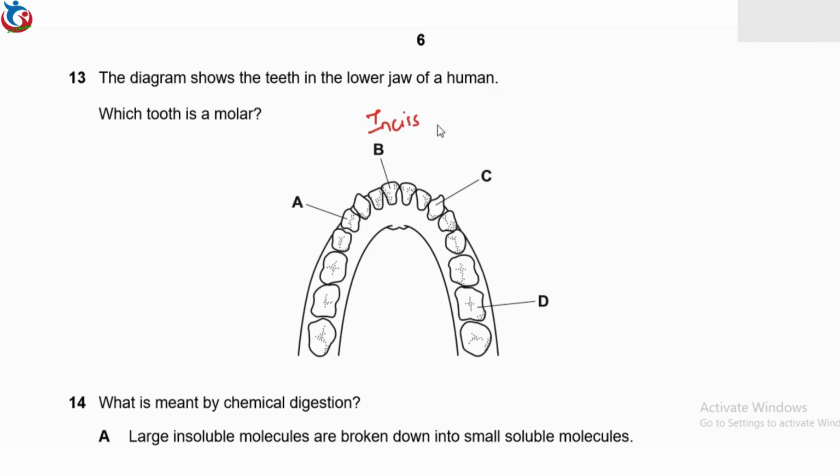We have the canine, then we have the premolar. And option D. Automatically option B is our correct answer.